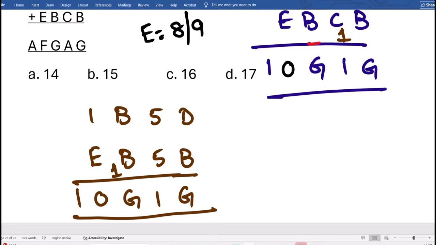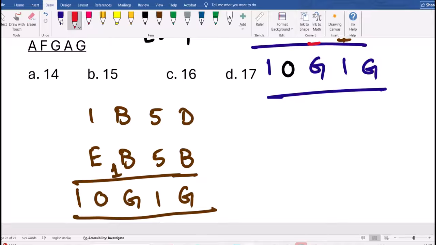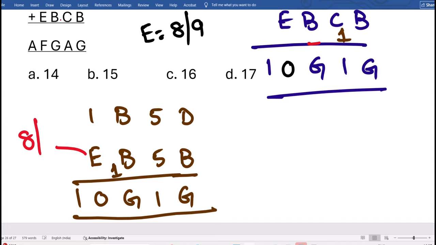D plus B is G, B plus B plus 1. We have to decide among 8 or 9 which is suitable for E. Yeah, what's the trial and error for B value and G value? G value 6.